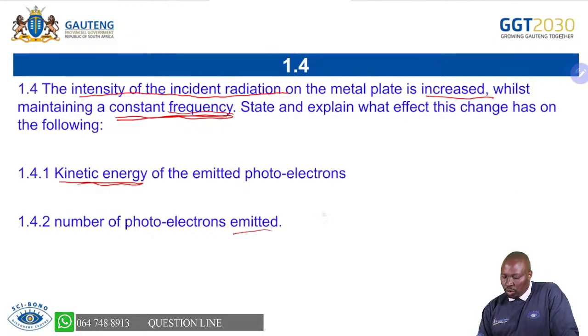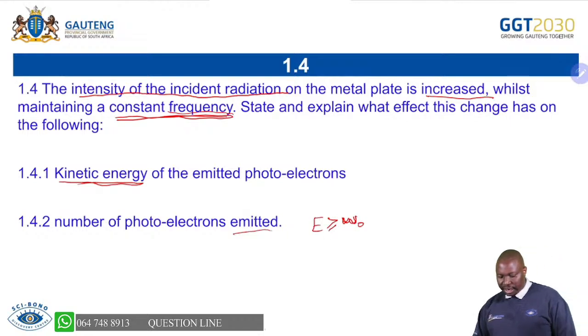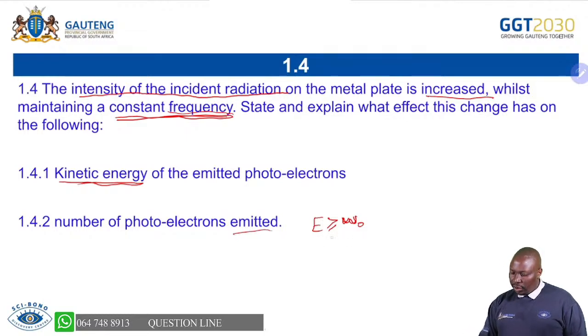You look at the energy of a photon. Was it greater or equal to the work function? When it's greater or equal to the work function, you know that the electrons will be ejected. So if electrons are ejected or removed, then when you increase intensity, you will increase the number of photoelectrons emitted per unit time. So this must increase when you increase intensity.